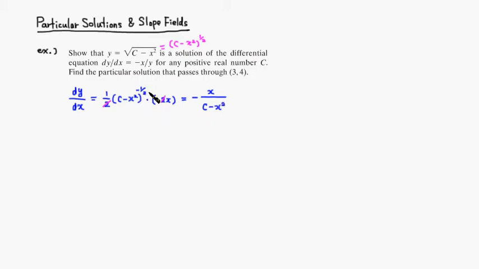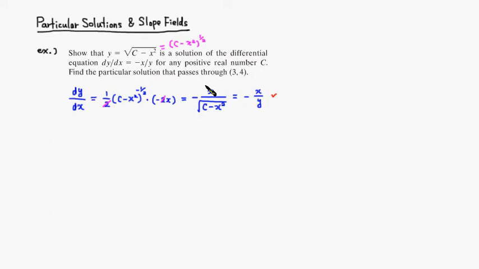Then you have a 1/2 power, which is equivalent to the square root of c minus x squared. But remember that the square root of c minus x squared is the same as y, so we can write it as negative x over y. So this checks out: this function satisfies the differential equation dy over dx is equal to negative x over y. This verifies that it is a solution.